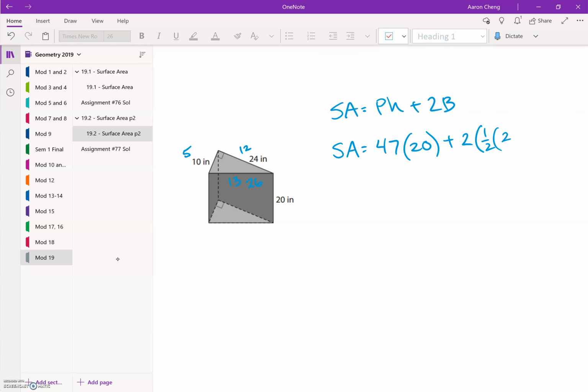Base is 24, height is 10. Those 2's are going to cancel out. 47 times 2 is 94, so this is 940 plus 240. I guess 1180.